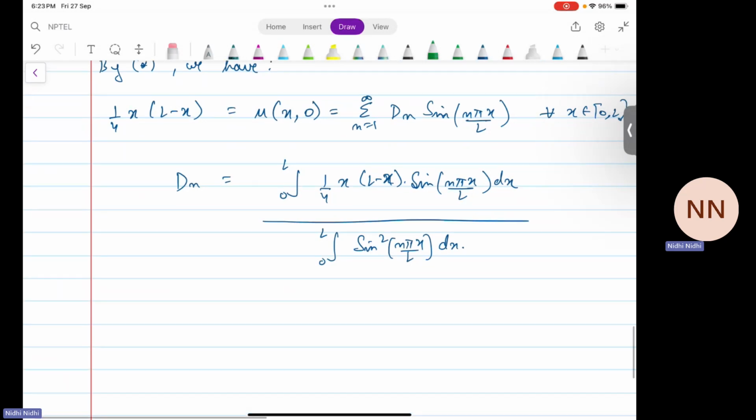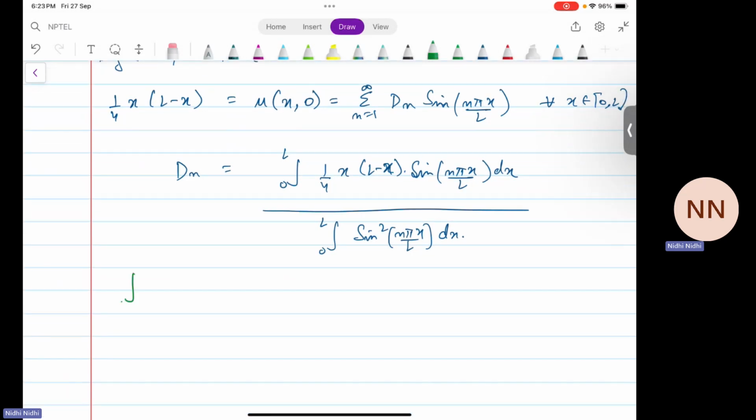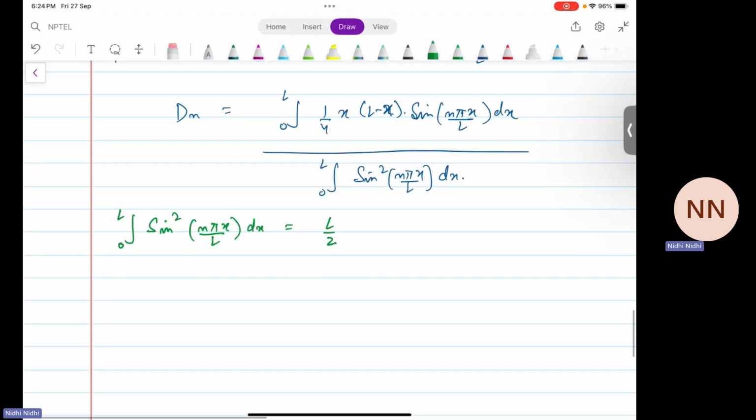Now you can easily evaluate, and I think we did it in the last class, that this integral will be L by 2. So we are left with 1/4 integration 0 to L of (Lx minus x square) sin(nπx/L) dx.